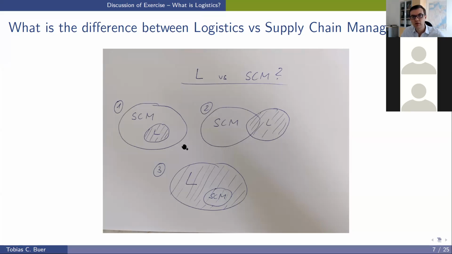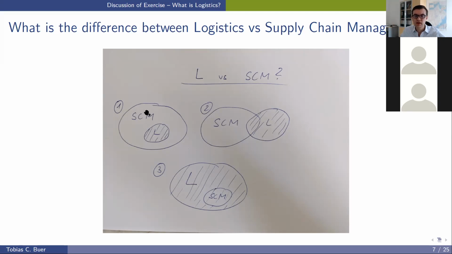So these are Venn diagrams, you know them from math. And this means, number one, that all the supply chain activities include all the logistics activities, but supply chain is more than logistics. So this is number one.